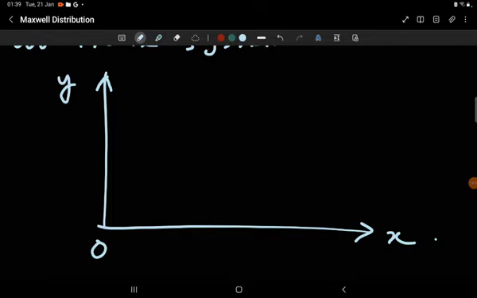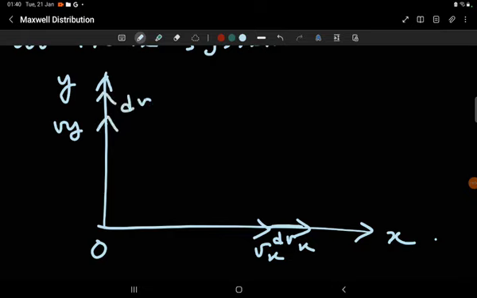So what we said was, simultaneously the x component of velocity is vx, and this part is the dvx, and this is the vy, and this part is the dvy.